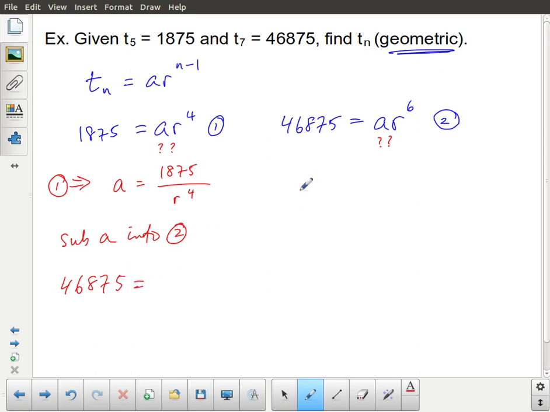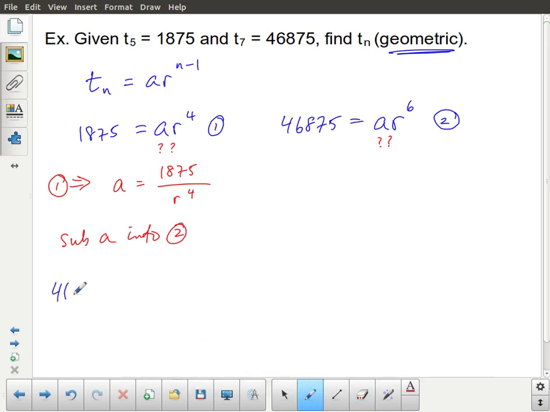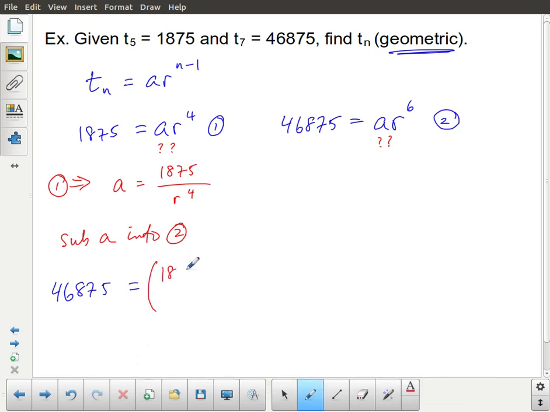46875 equals, instead of this a value, let me do this in a different color. 46875 equals, but instead of this a, I'm going to substitute 1875 over r to the 4 times r to the 6.